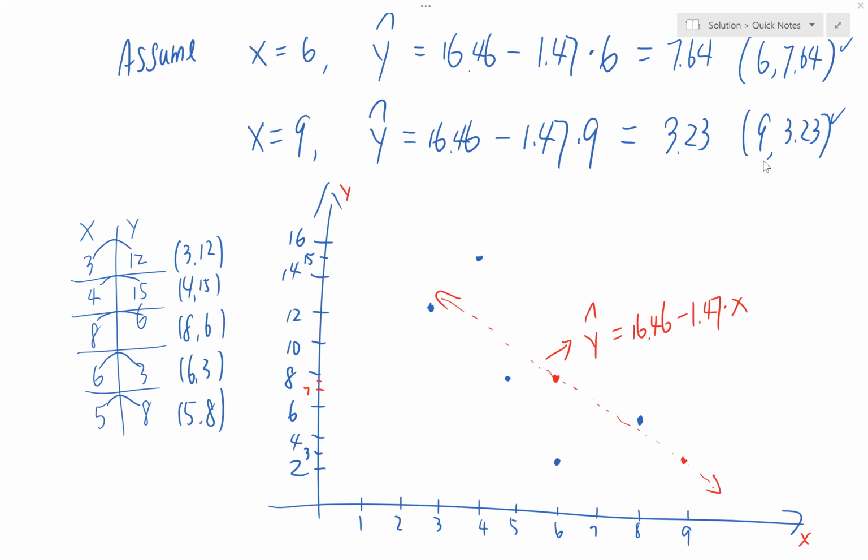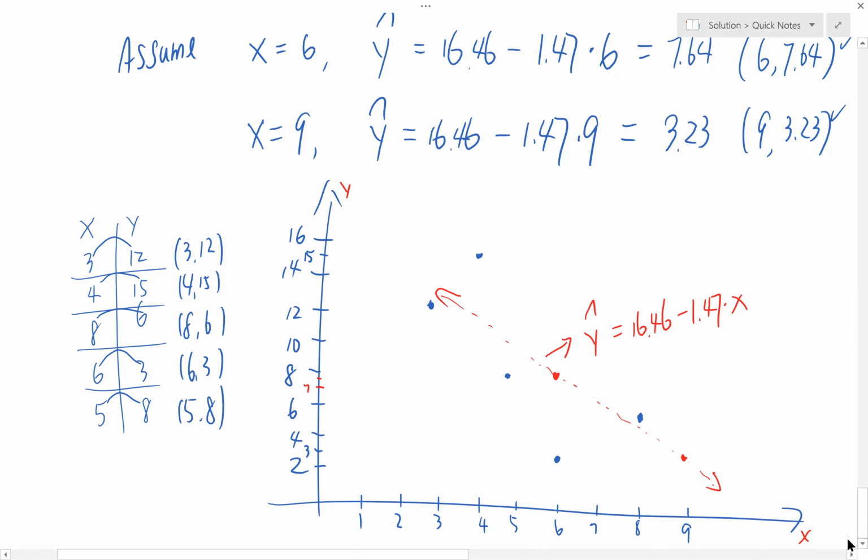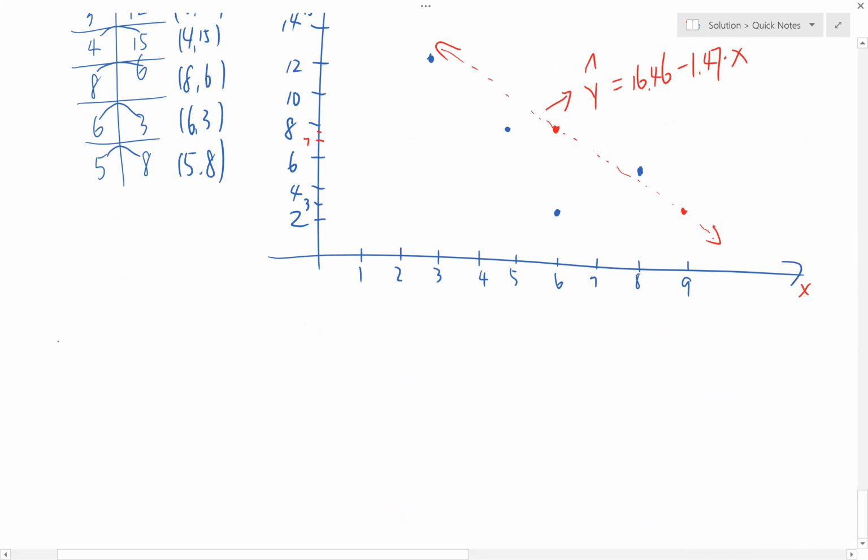One last thing I forgot to mention is R squared. Right here, we want to find out how good this model is, how to measure the effectiveness of the regression model.